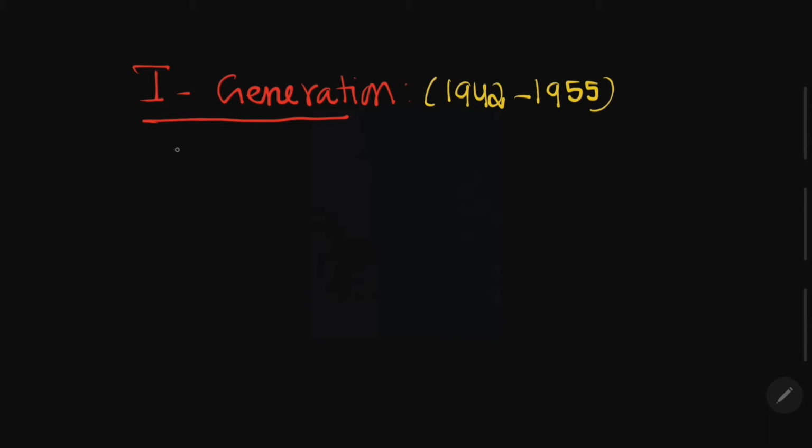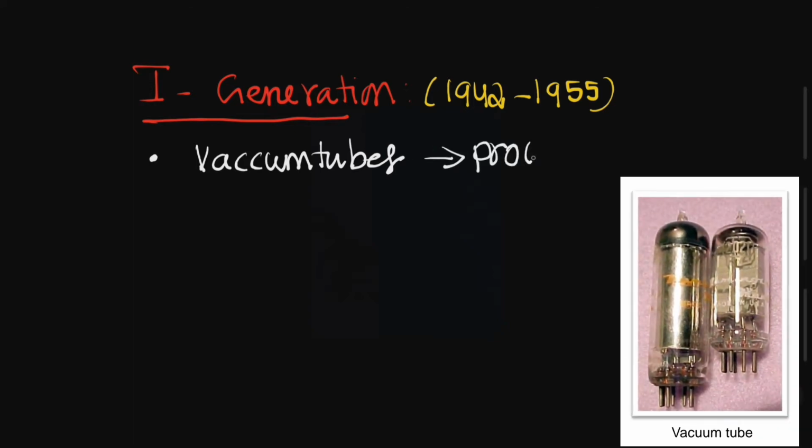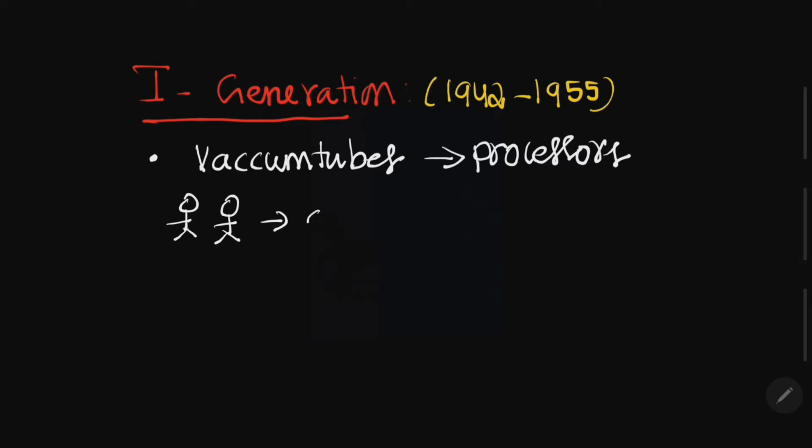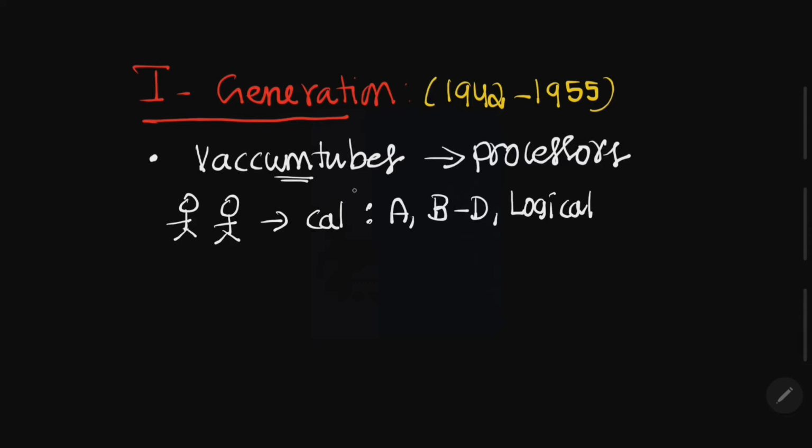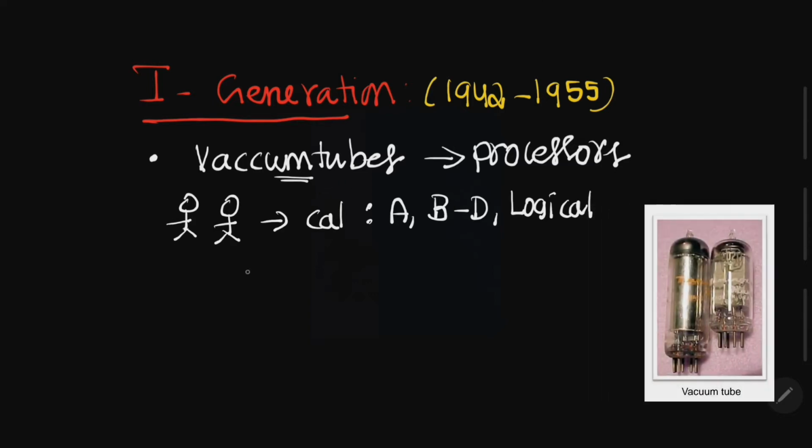Okay, so in this first generation of computers, the technology is vacuum tubes. Vacuum tubes act as processors. So that means calculations, like arithmetic calculations, binary to decimal calculations and logical calculations, are done with the help of vacuum tubes.